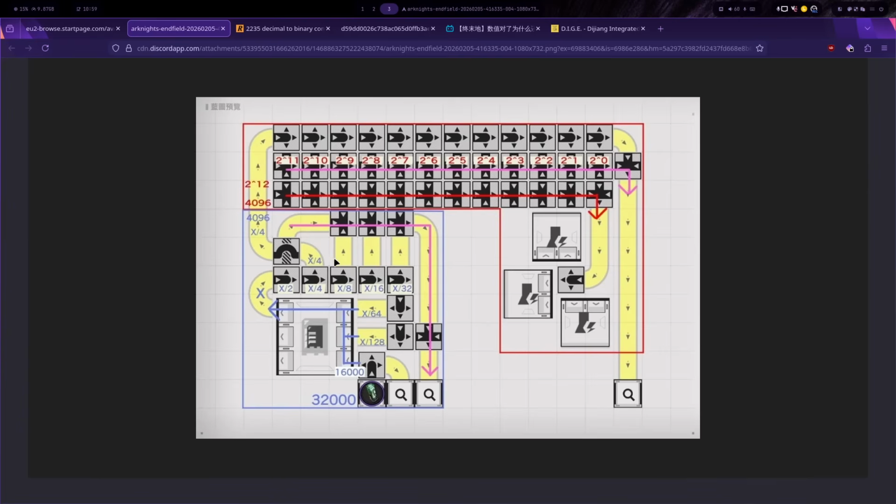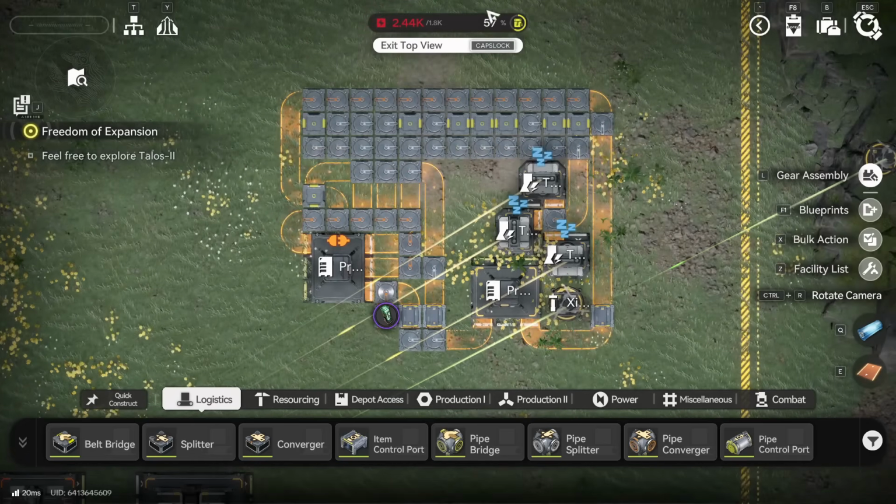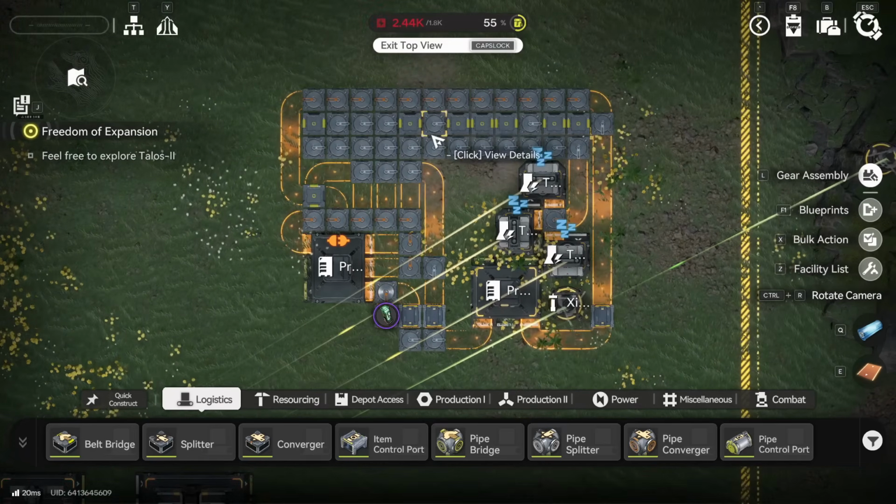So this blueprint is convenient right now, but it's not going to be future-proof.